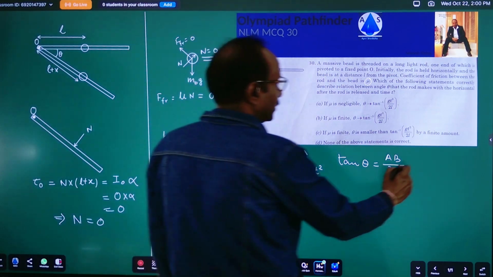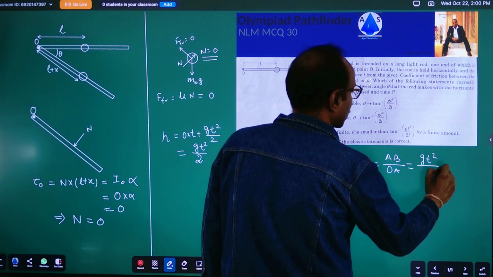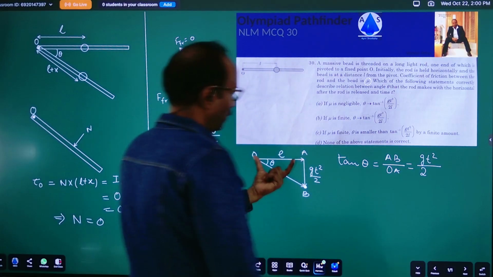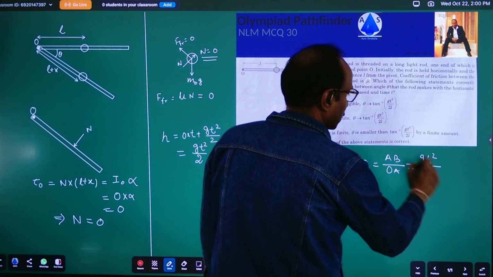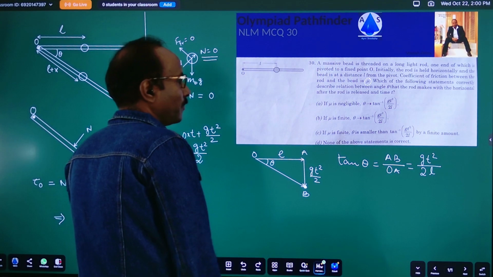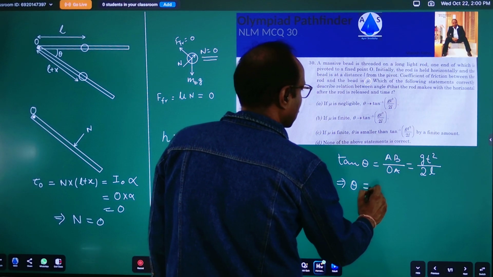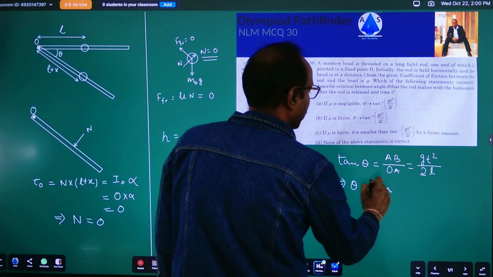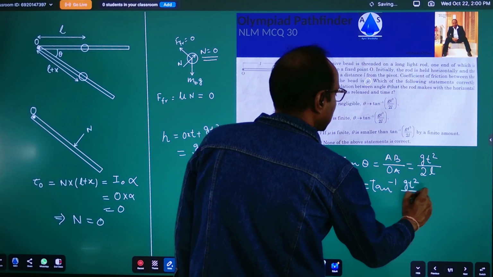But AB is your gt square by 2, and OA is your L. So theta will be tan inverse gt square by 2L.